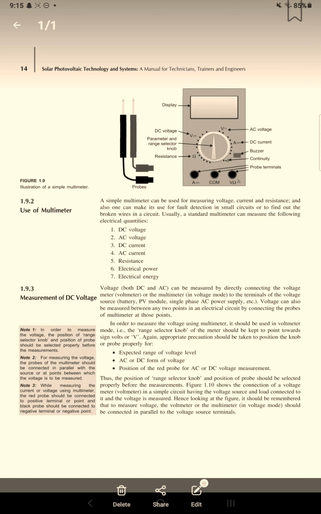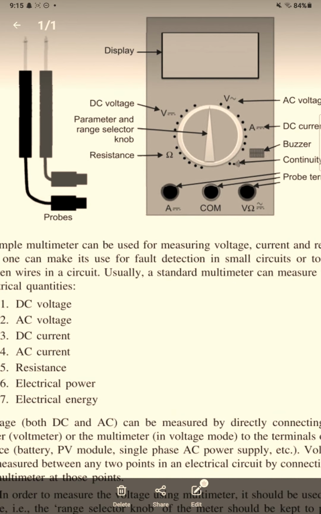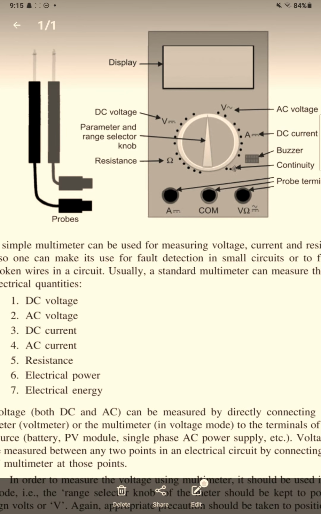Now we'll see the components of a multimeter. This is a display. Then here there is a knob. This knob can be rotated in the direction that is indicated in the multimeter's manual. Some multimeters you can rotate continuously, whereas in some multimeters you can only rotate in a certain direction.